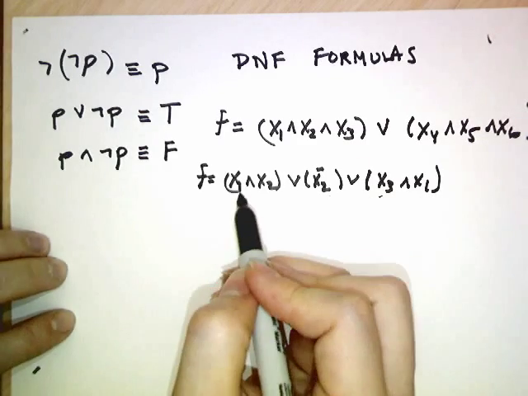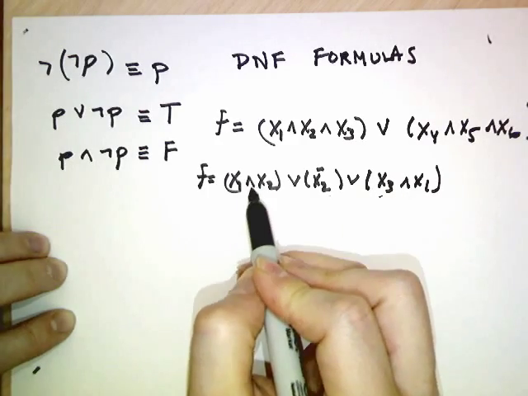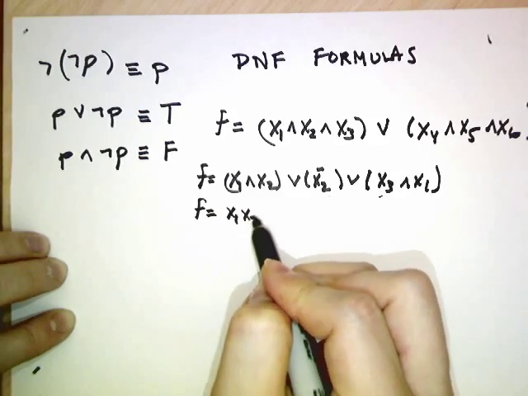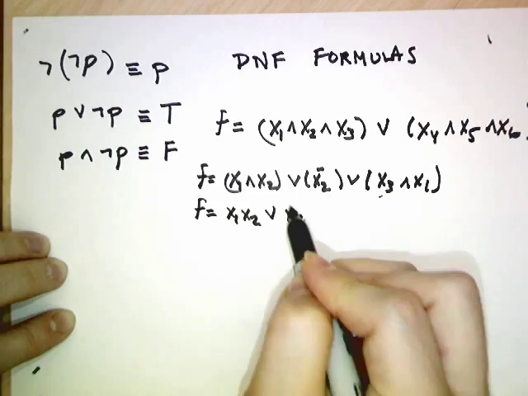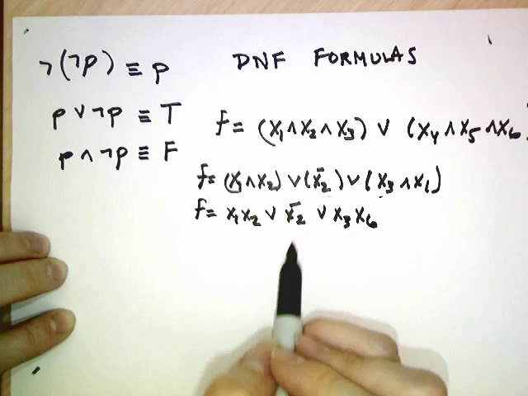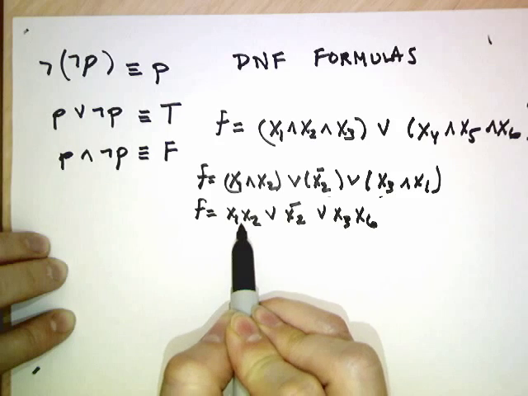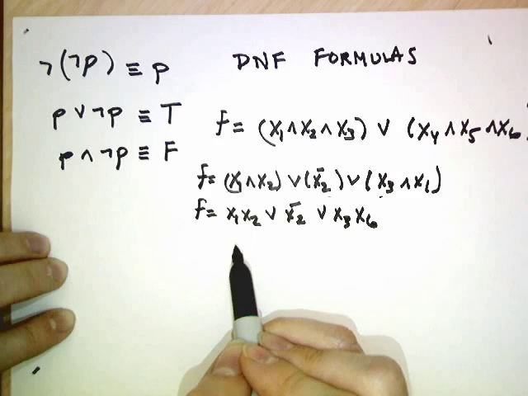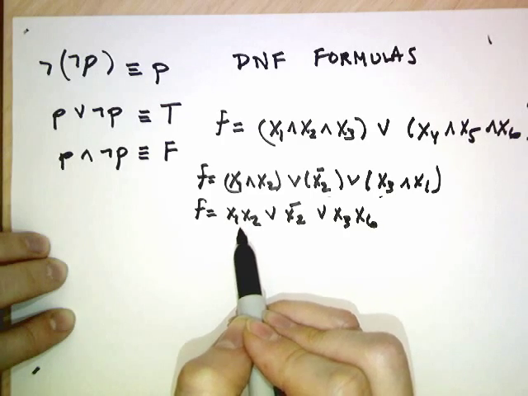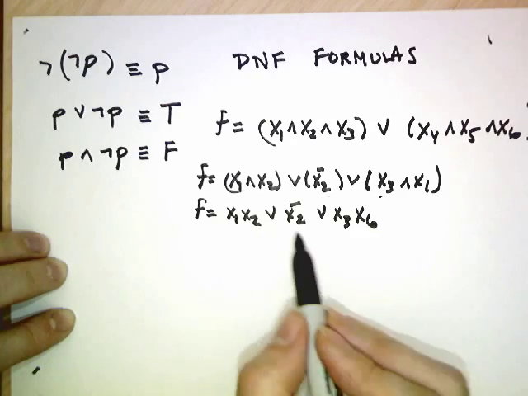So sometimes when I'm writing DNF formulas, I'll omit this little AND, the caret. So I might write F as x1 x2, or x2 bar, or x3 x6. I'm just writing it without the parentheses, and I'm omitting the AND, but the AND should be clear from context. Just like sometimes when you leave out an X or a dot in an arithmetic expression, you mean multiplication. So a DNF formula is always an OR of ANDs.